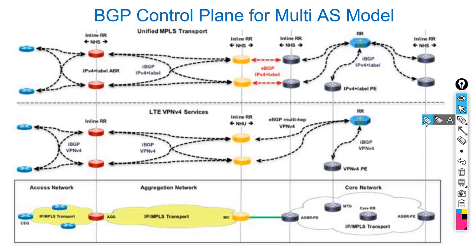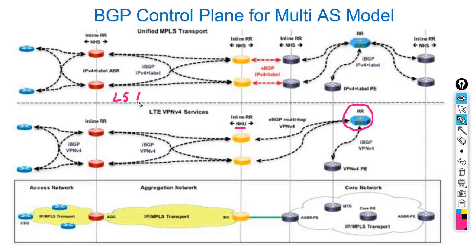So there are some key points here. In order to establish an end-to-end VPN from AGG to PE router, we need to enable next-hop unchanged on the Metrocore router and on the RR router in the core network.